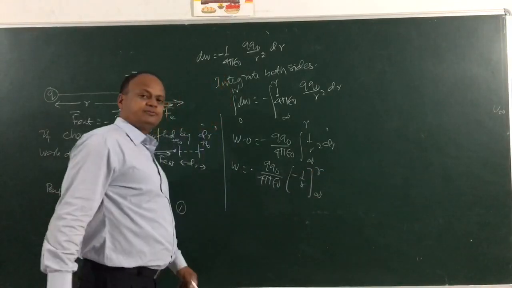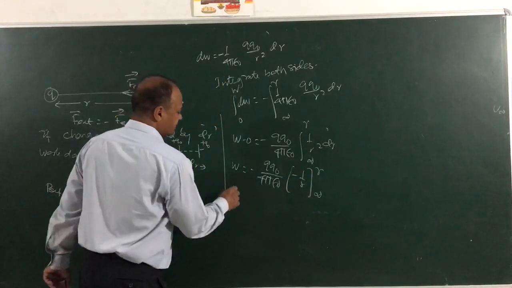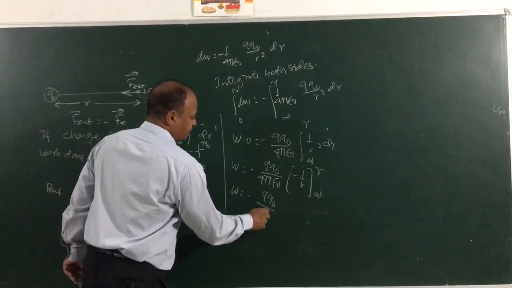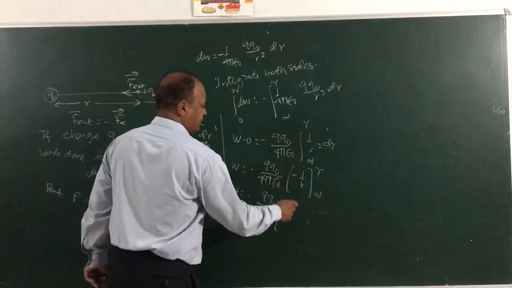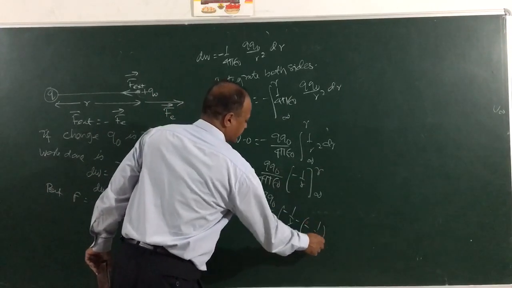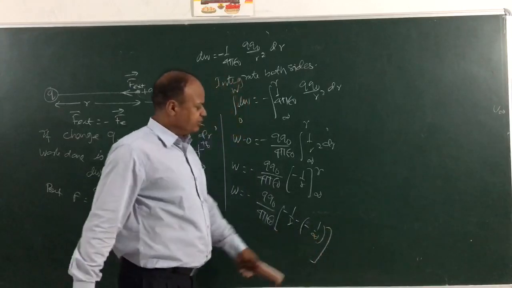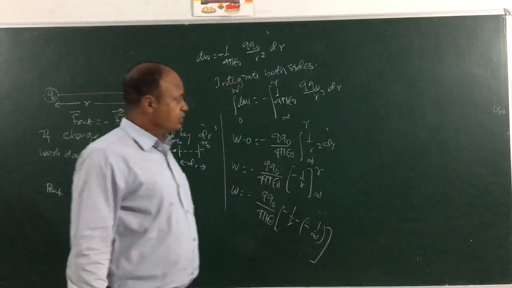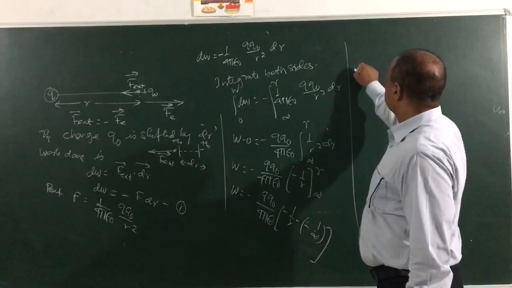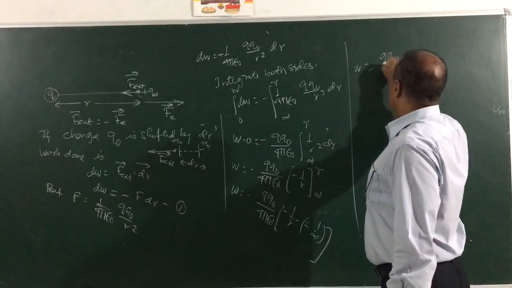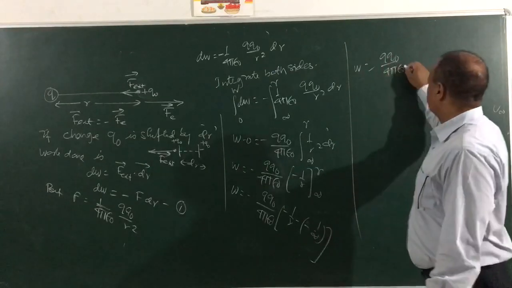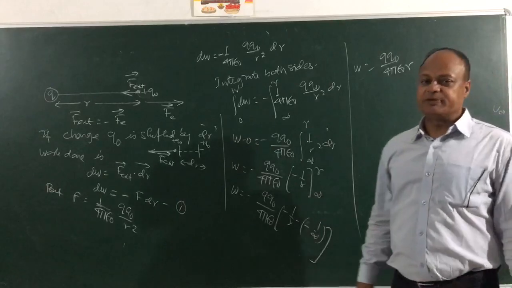So W becomes minus Q Q naught by 4 pi epsilon naught, first putting r, minus 1 by infinity. 1 by infinity is how much? 0. So we get W is equal to Q Q naught by 4 pi epsilon naught r. So we finally got how much work is being done.